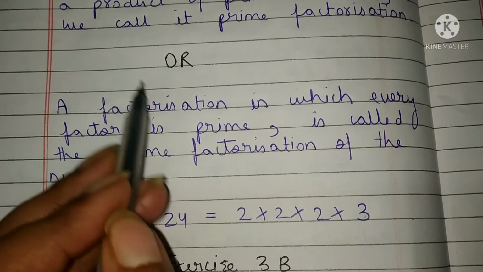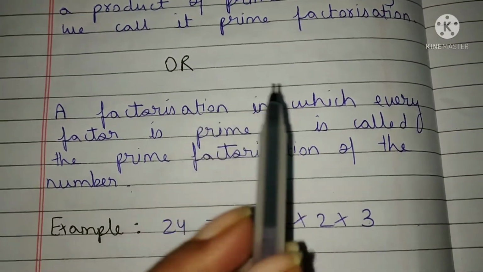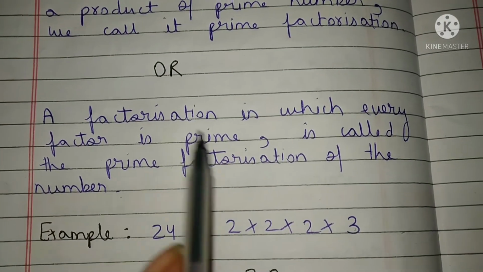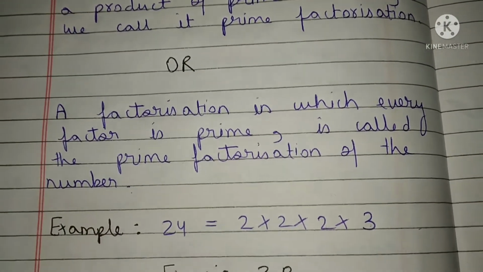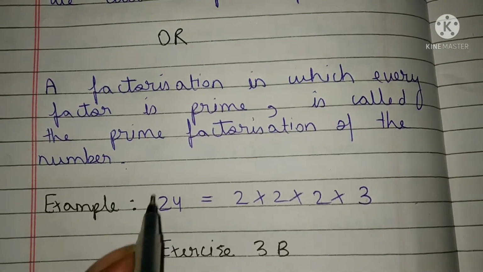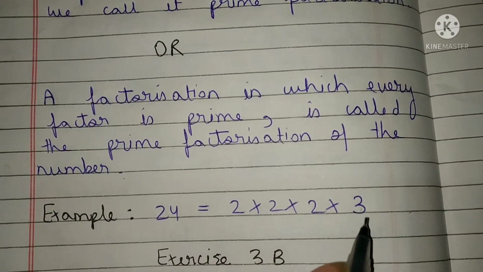A factorization in which every factor is prime is called the prime factorization of the number. Students, here factors of 24 are 2, 2, 2 and 3.